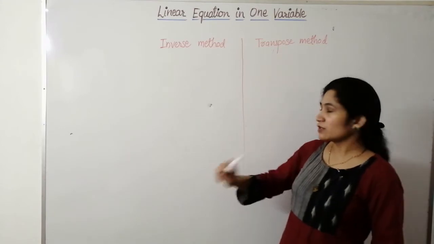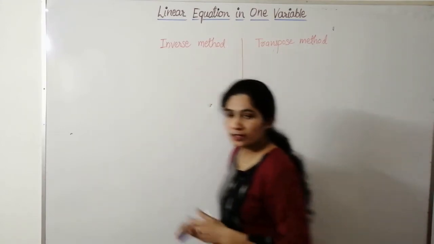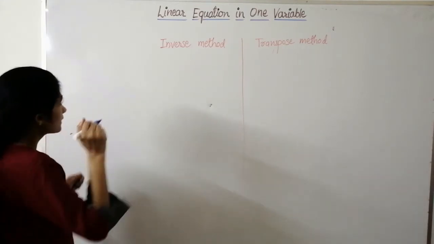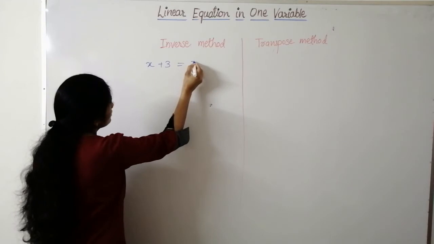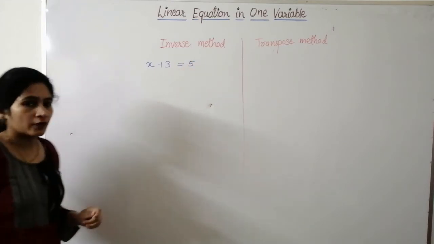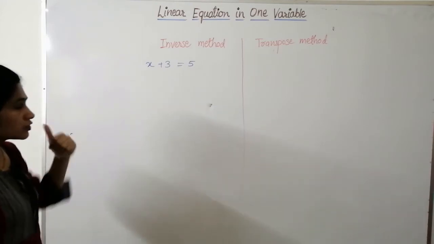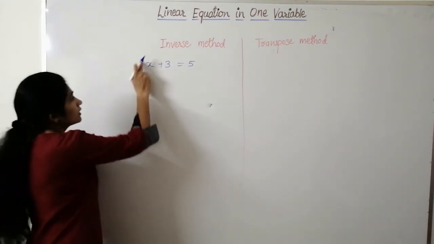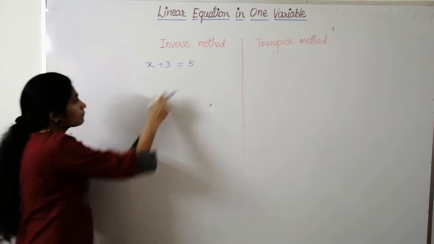A linear equation can be solved by two methods, inverse method and transpose method. Let's discuss them one by one. Consider an equation x plus 3 is equals to 5. Now we'll solve this equation by using inverse method. Solving equation means getting the value of x, which is a variable in this equation. Okay.